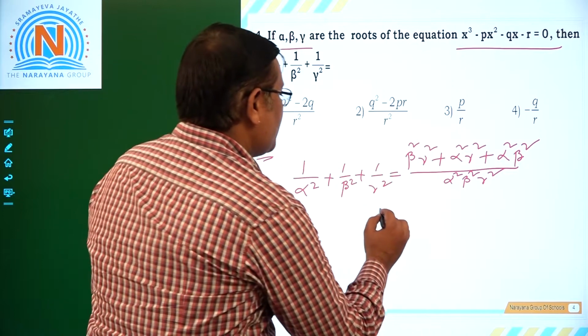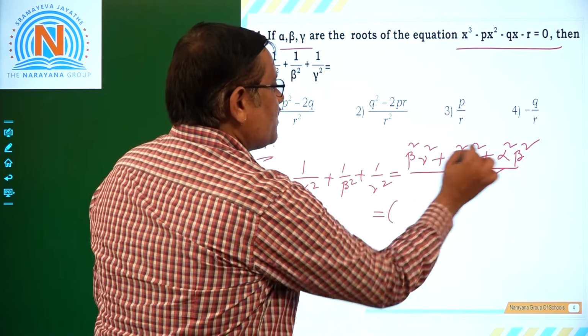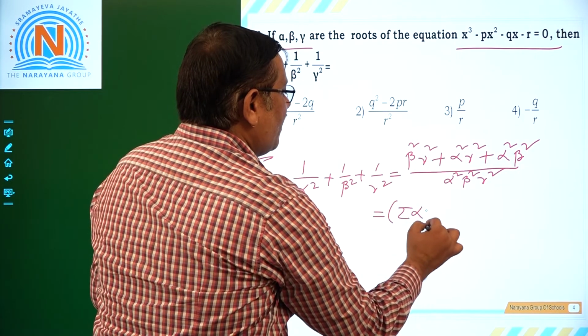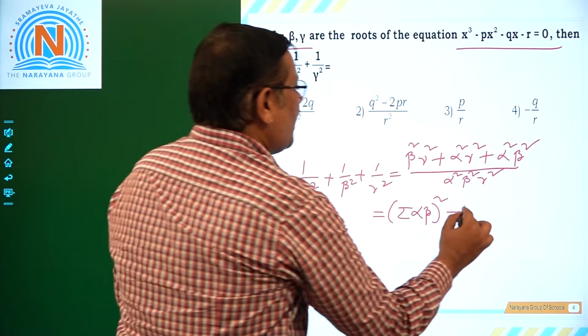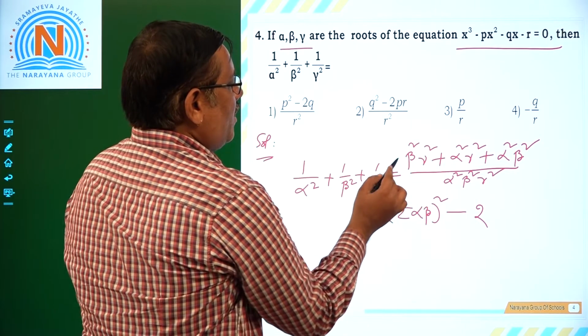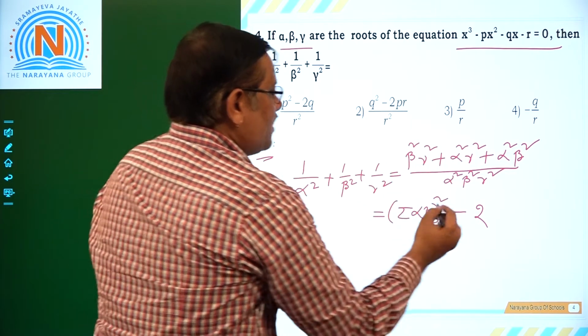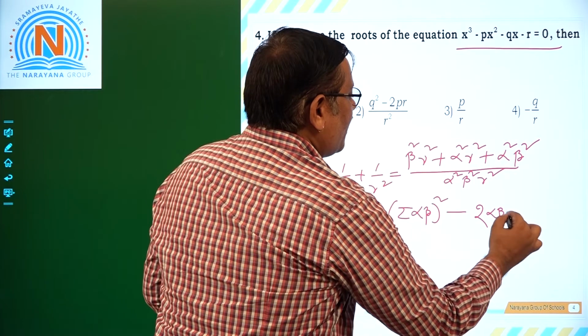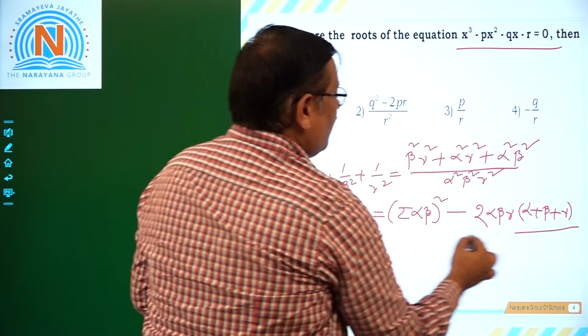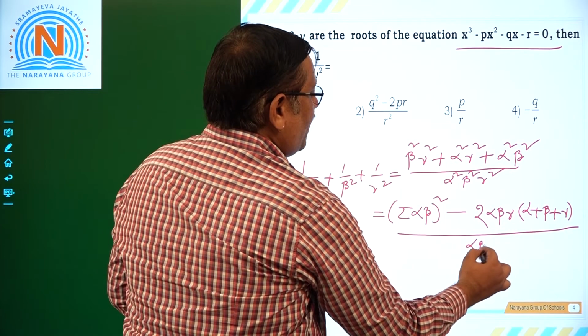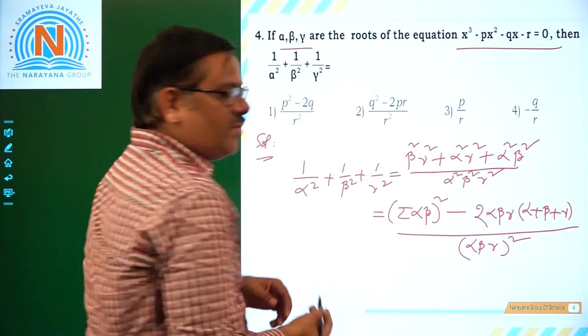What is a square plus b square plus c square? It is a plus b plus c whole square minus 2 times the sum of the pairwise products.